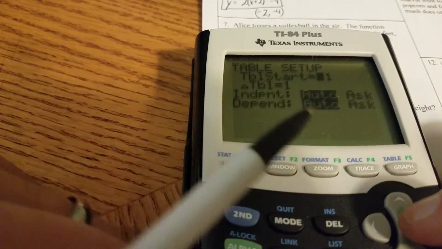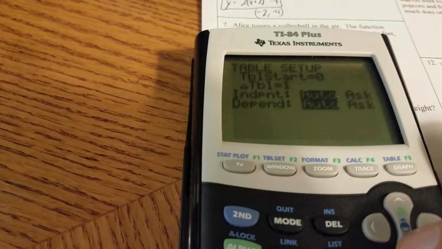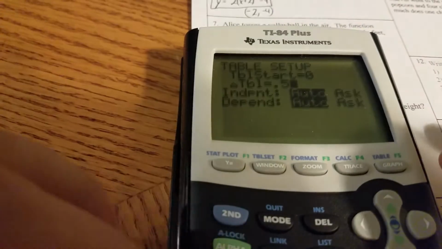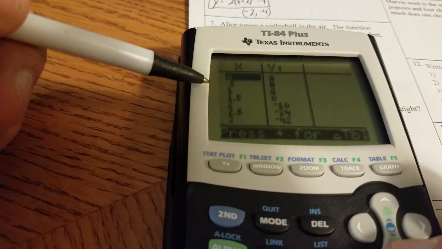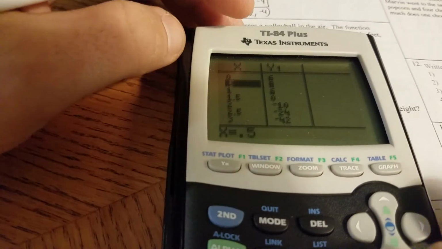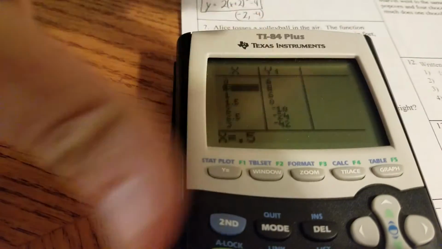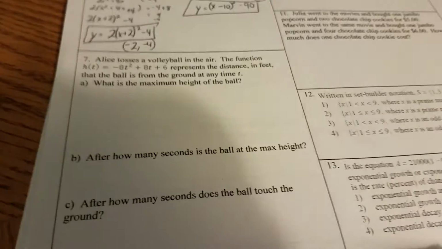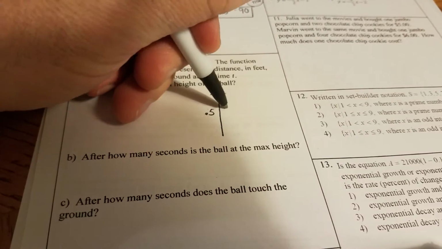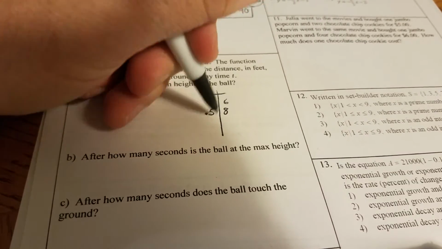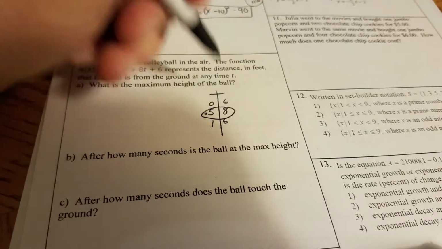We want our table to start at 0, and we want it to go by 0.5s. Go back to the table. You'll find the vertex to occur at 0.5 comma 8. So 0.5 comma 8 is the vertex, with 0 at 6 and 1 at 6.